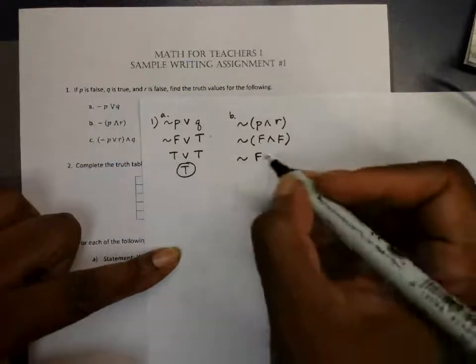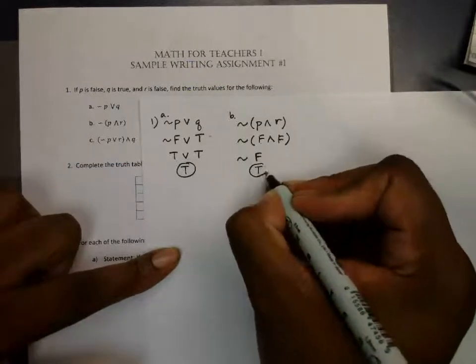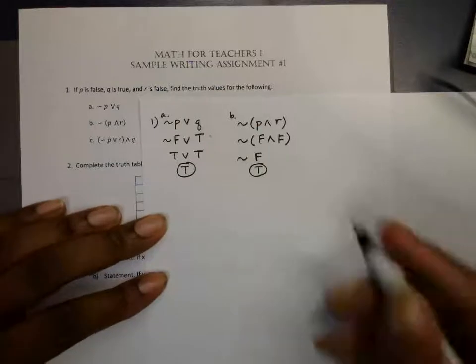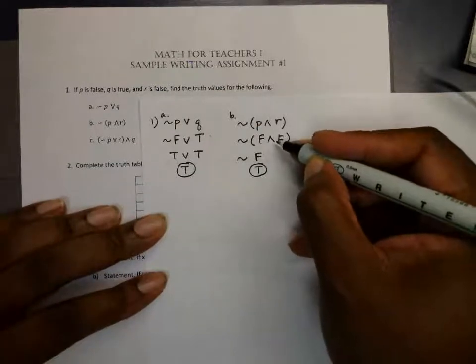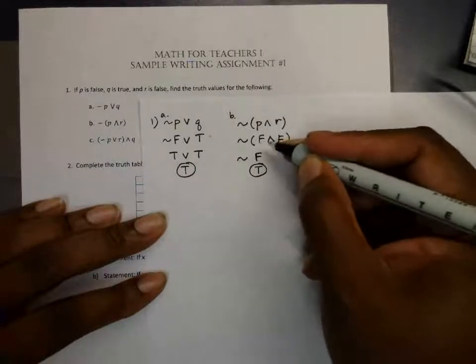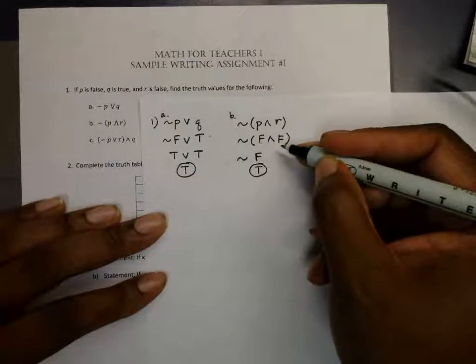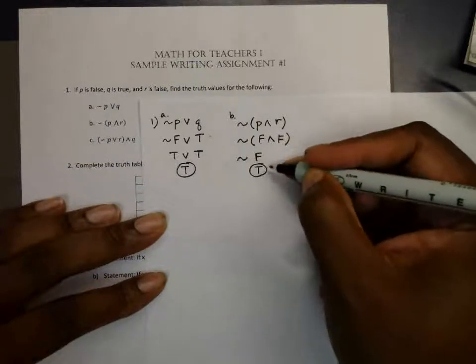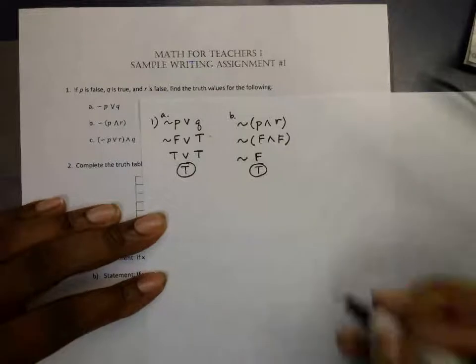And then the negation of false would be true. Right? This is one of those conjunctions with the word and. If you remember, for conjunction, both have to be true in order for it to be true, otherwise it is false.